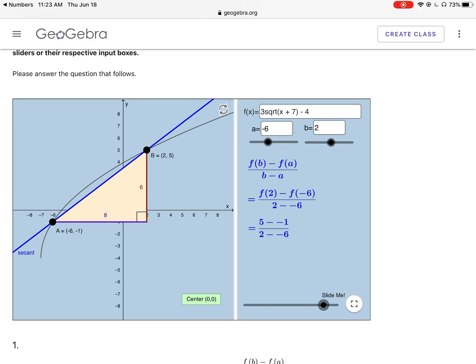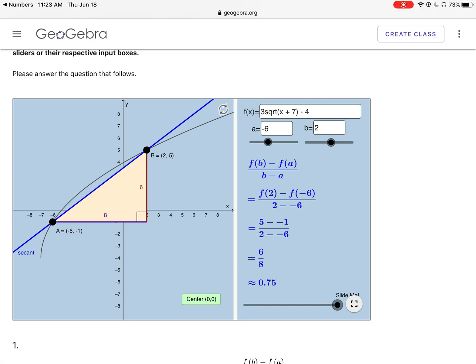Well, f(2) is the y-coordinate of B, which in this case is 5. f(-6) is the y-coordinate of A, which is negative 1. So if I did 5 minus negative 1 over 2 minus negative 6, notice I end up with 6 over 8, or 3/4, 0.75, 75 hundredths.